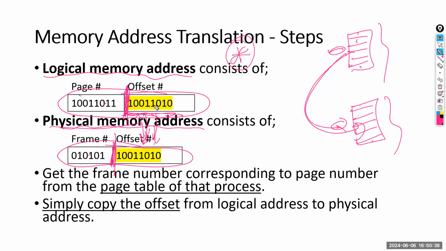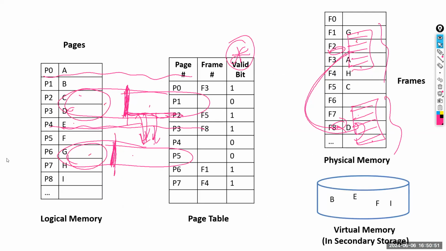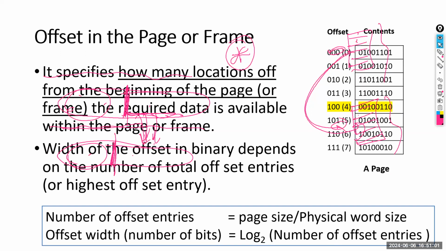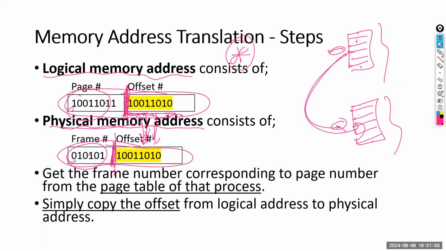Then you need to convert the page number into the frame number. That is where you have the page translation table. The operating system keeps track of which page is mapped to which frame. In the question, they will give you the page table. By looking at the page table, you can find the corresponding frame number for the page.